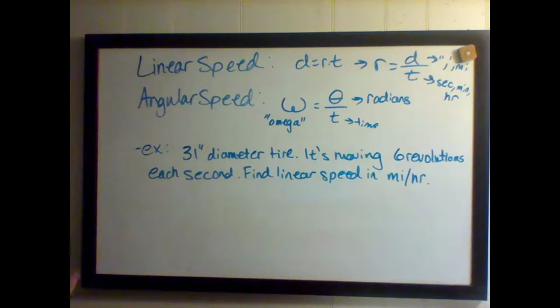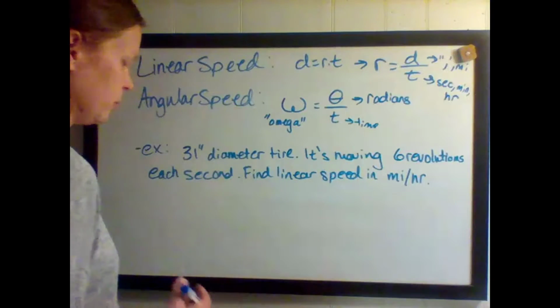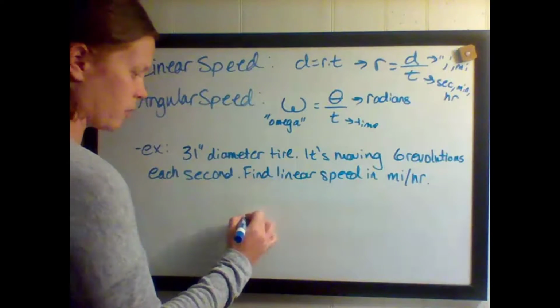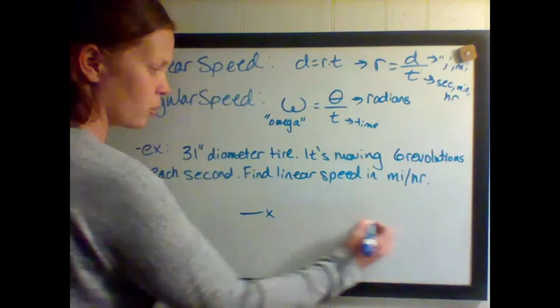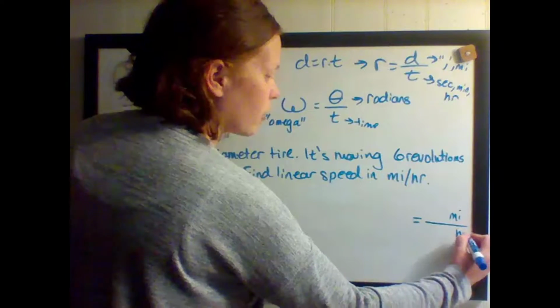Okay, so I like to think of these really as a converting problem. You know, what I'm starting out with, I might leave a little workspace over here. I'm going to start off with something, do some converting. I want to end up with miles per hour.